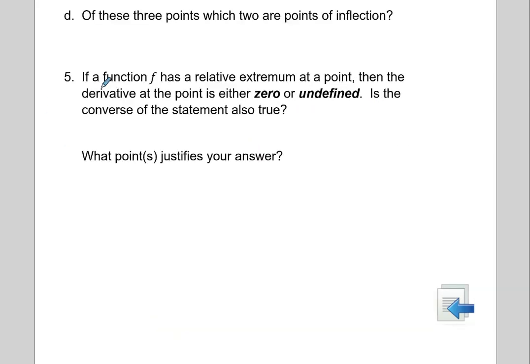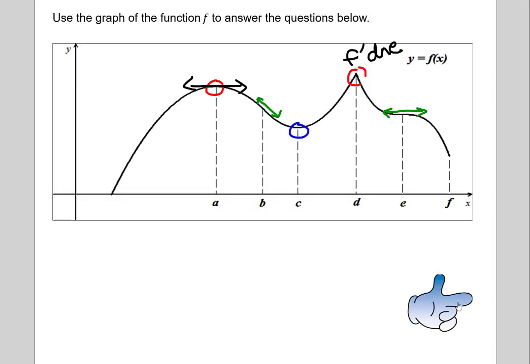Then letter D, of these 3 points, which two are points of inflection? Well, let's go back and look at the graph. We have a point of inflection where we go from concave down to concave up.